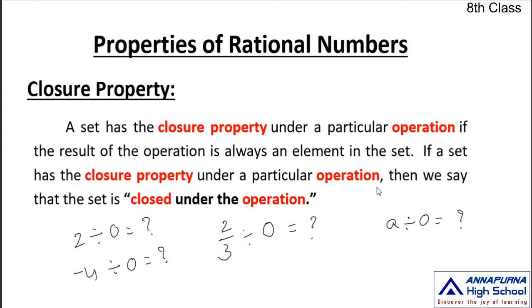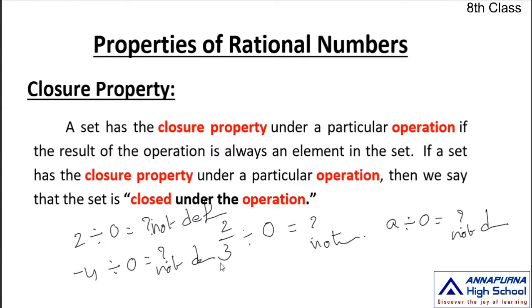The division is not possible. So here the value is not defined when you are dividing a number by 0. Minus 2 divided by 0 is not defined, minus 4 divided by 0 is not defined, a by 0 is not defined, 2 by 3 divided by 0 is not defined.